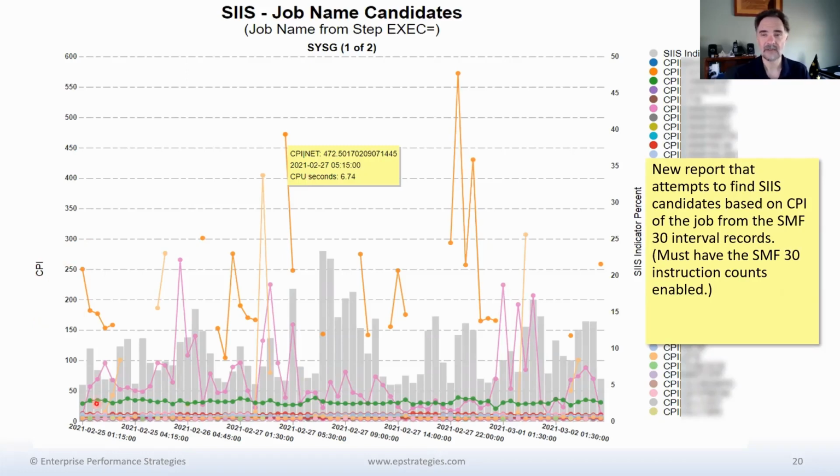Even this green thing down here, whatever that happens to be, that's running about 40 or so, even that is high relative to the single digit CPIs that we expect from the LPAR overall. So the thought here was, if we can show you that there's some consistency for the jobs across when we have these high SIS counts, maybe that's an indicator of what the problem is.